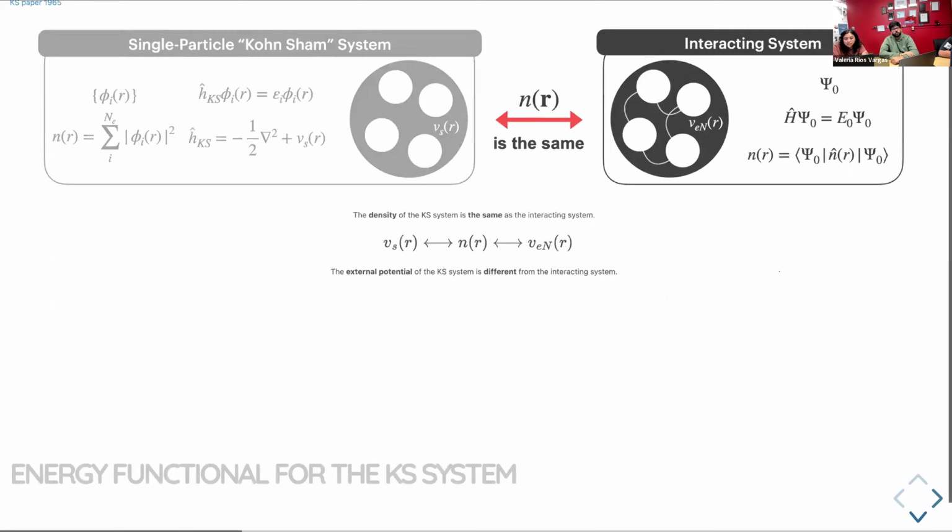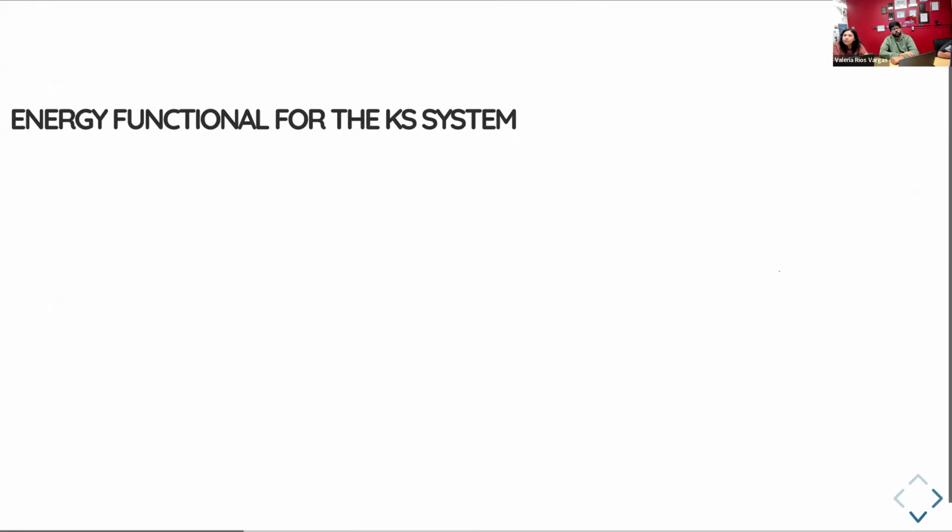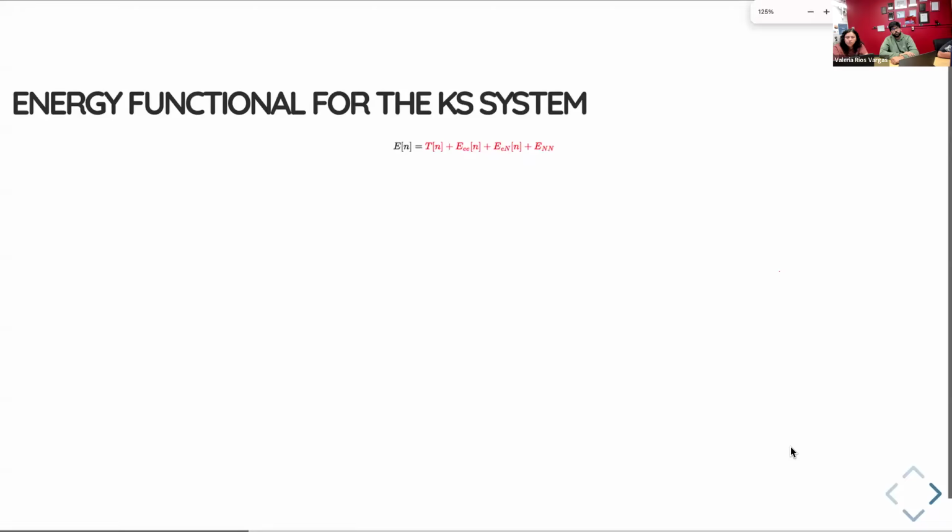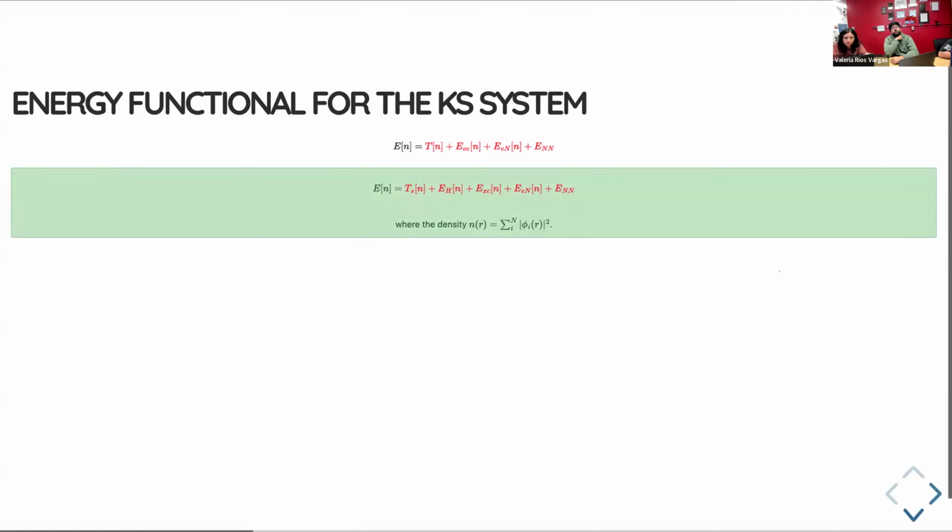Now, with this, we can access other properties, such as the kinetic energy, right? So we have said that the total energy of our system is a functional of the density, with the kinetic energy, electron-electron, electron-nuclei, nuclei-nuclei. So we know this.